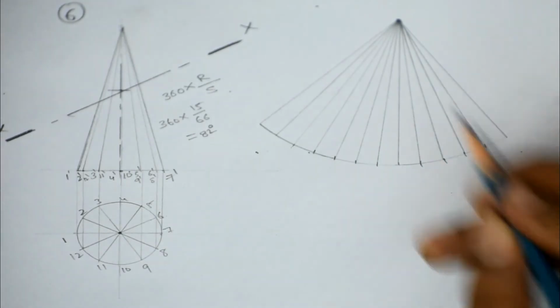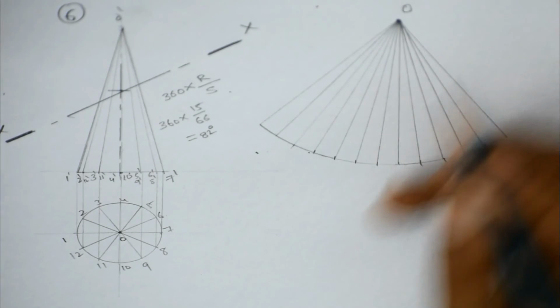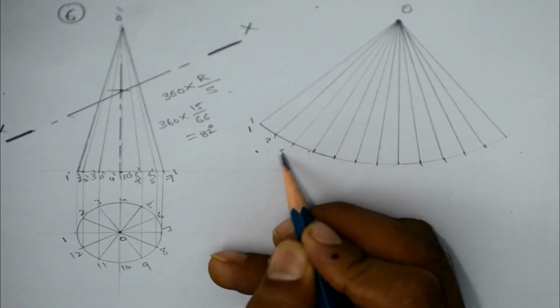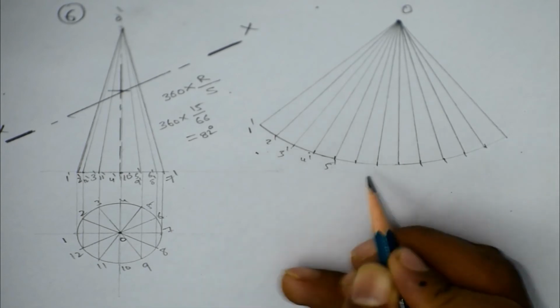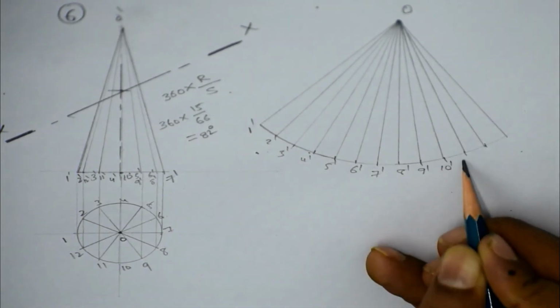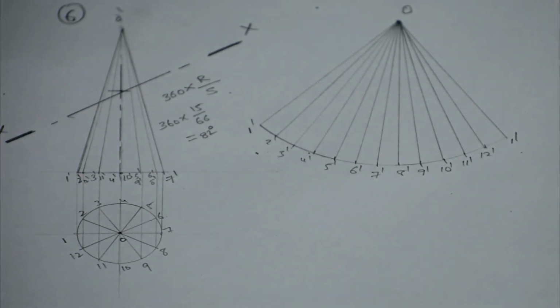So we'll give names. This is O. This is O dash. This is again your O dash. This is 1 dash. If you name it 2 dash, 3 dash, 4 dash, 5 dash, 6, 7, 8, 9, 10, 11, 12, and 1 dash, which will get repeated. So what I will do is this.